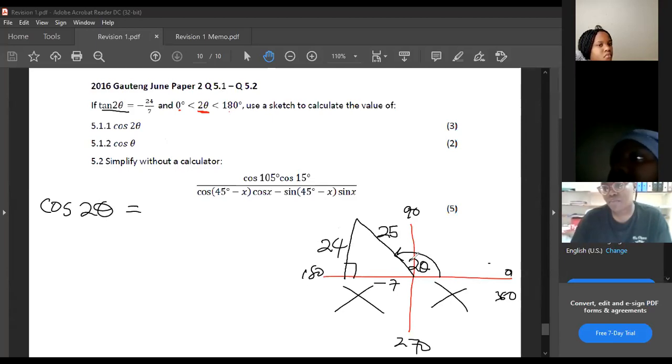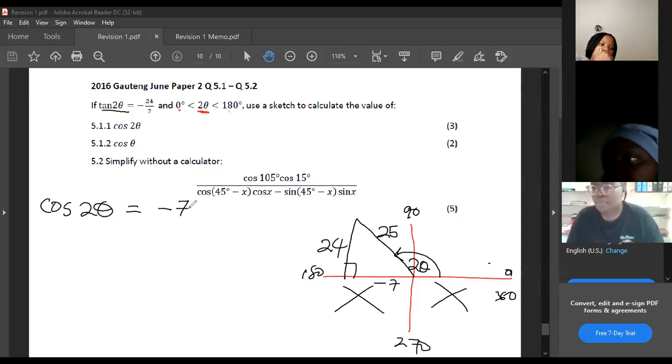Only if the diagram is for theta do you consider 2 theta as a double angle. But if the diagram is for 2 theta, you consider it just like cos A. So cos is adjacent over hypotenuse, so it will be minus 7 over 25.